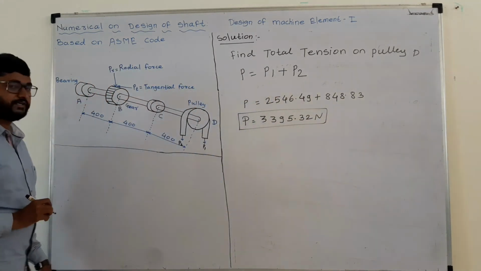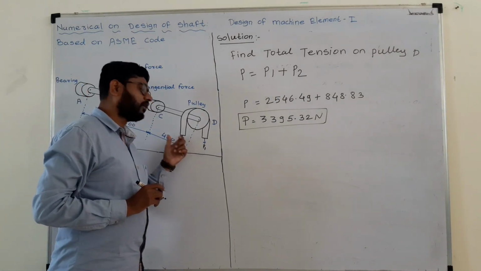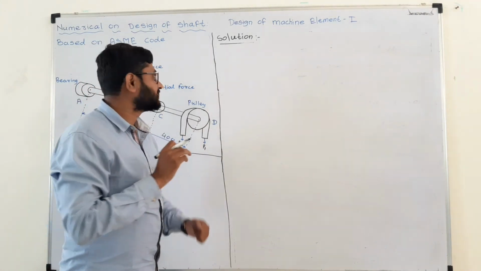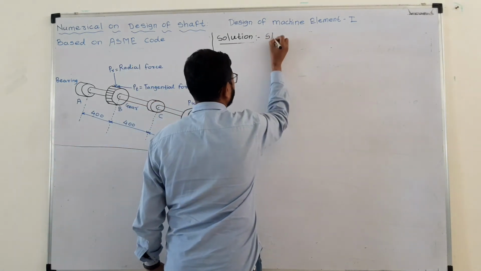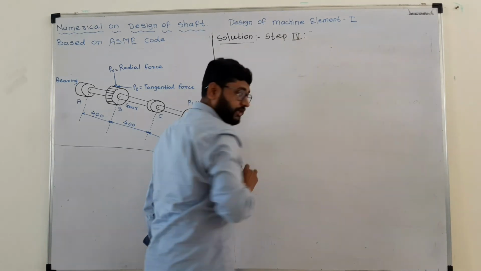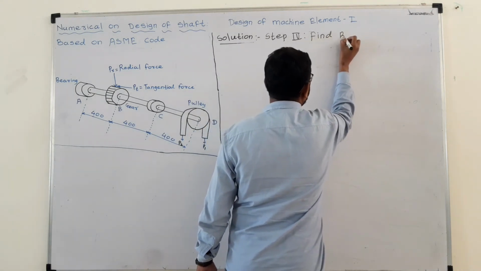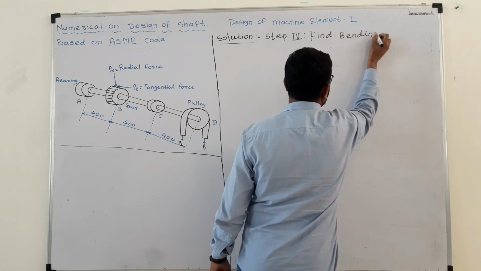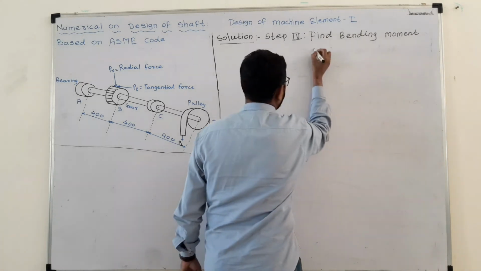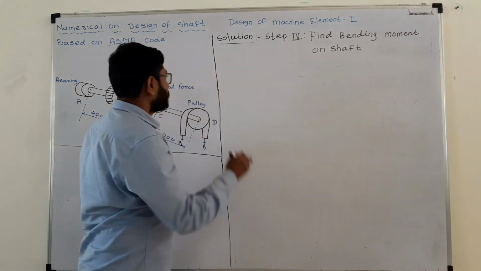This force P is nothing but the total tension acting on the pulley or on the belt. Next is to find the bending moment on the shaft. So step 4 is to find the bending moment on the shaft.